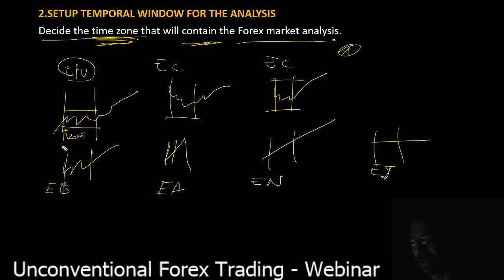So if here it's 6 o'clock and here is 9 o'clock, it has to be for all the same, because we are measuring the market performance by determining then the strong and the weak. So they have to operate within the same time range. Okay, this is fundamental.